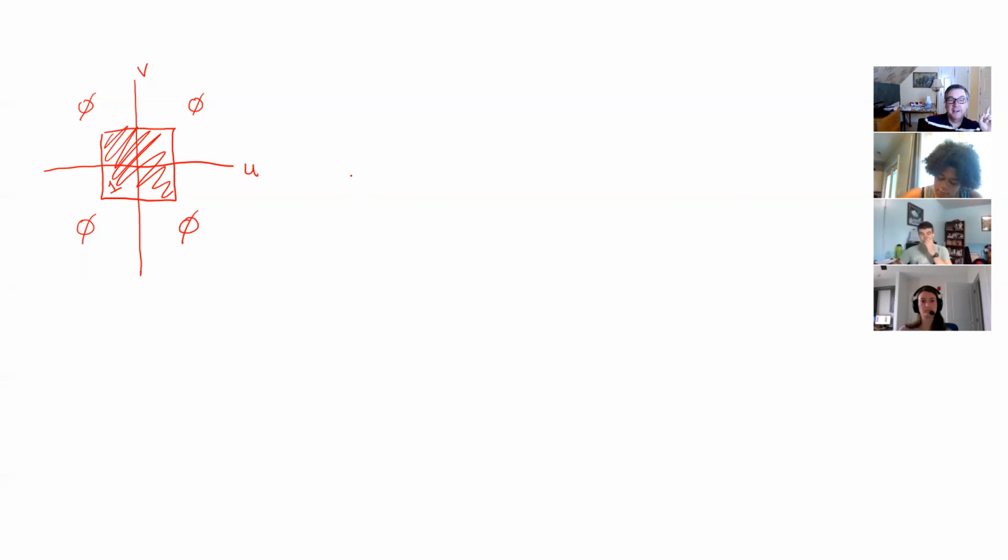So one thing to recognize is that you could write this as the multiplication of two one-dimensional rectangular functions. If I look at this along U, it looks like that, the rectangular function.